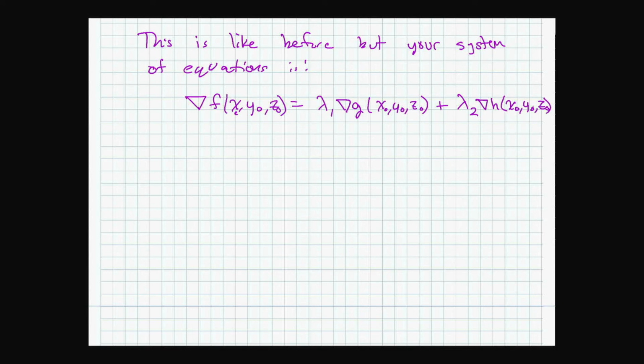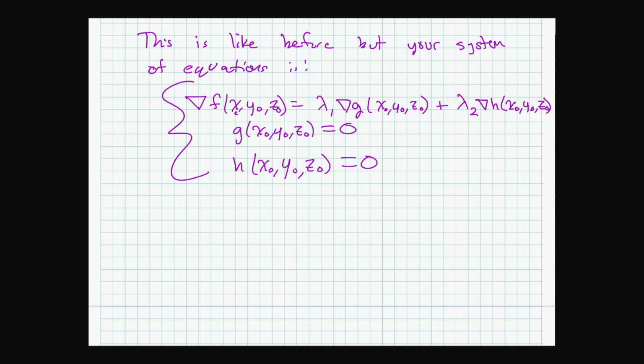And then you also have both constraints: g of x0, y0, z0 equals 0, and h of x0, y0, z0 equals 0.